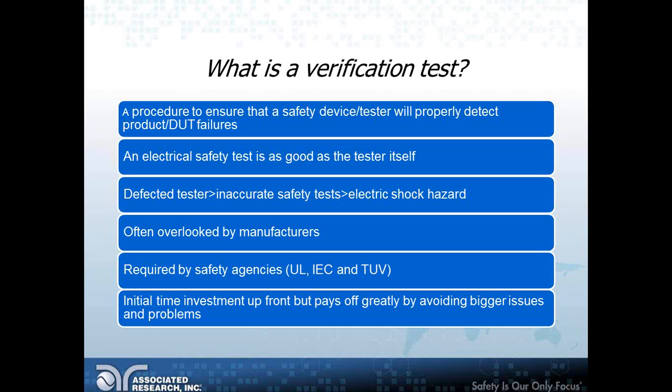Verification tests are often required by safety agencies such as UL, IEC, and TUV. And by running these tests, initially it's a time investment up front, but it pays off greatly by avoiding bigger issues and problems later on.